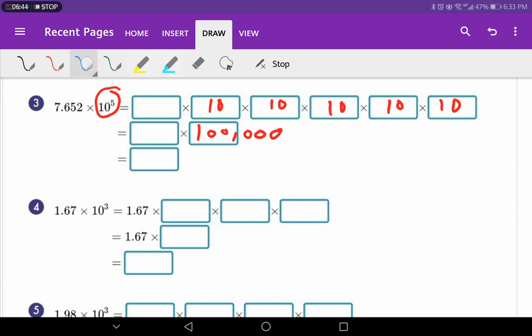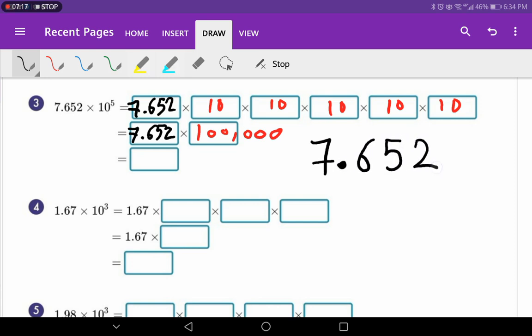We copy the same number here, 7.652, regarding the book. Now let me write the number here again: 7.652.